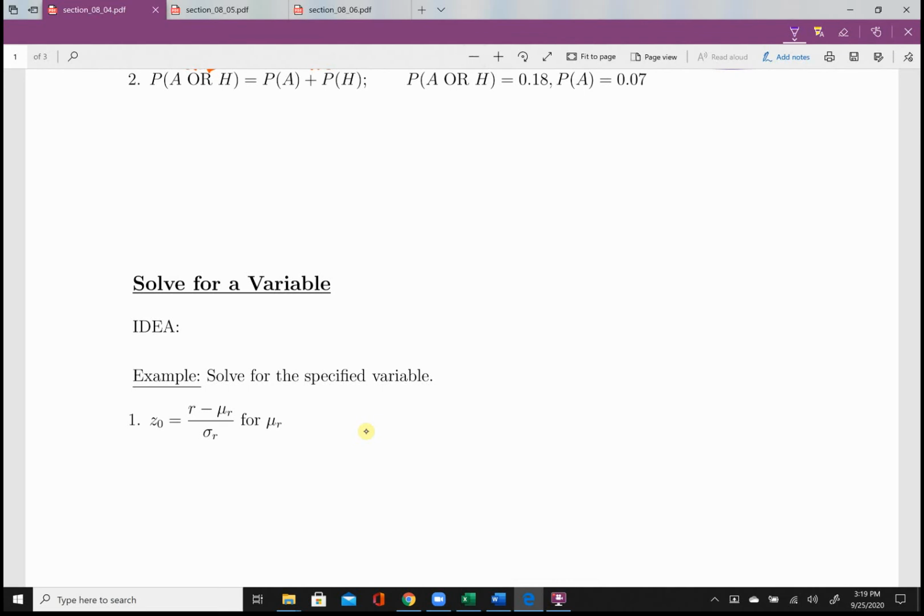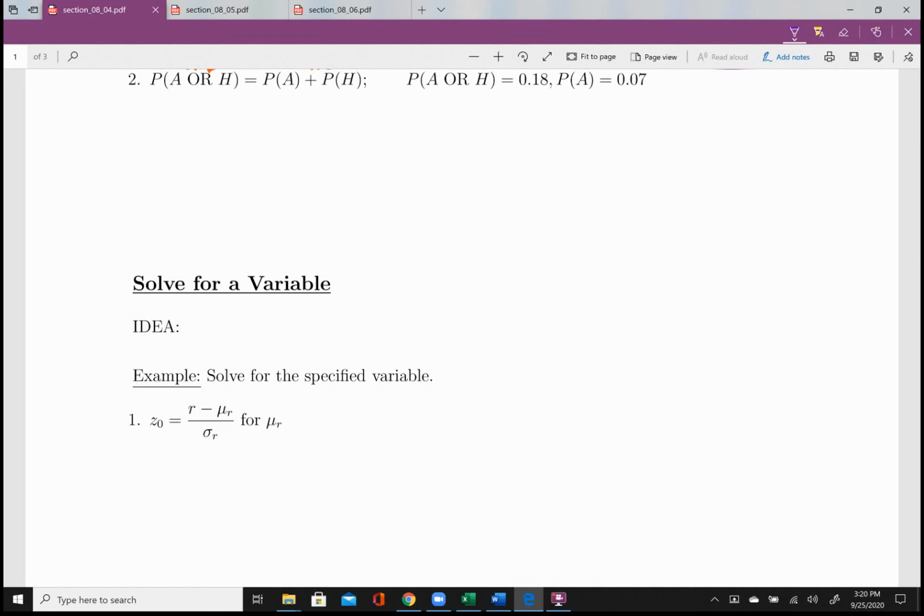So we're simply going to substitute 0.18 for this P of A or H. I can say one thing about it if anyone's curious. It's the probability that the events A or H could happen in a particular scenario. And then on the other side you have P of A and P of H. Those are the individual probabilities that A would happen or H would happen, A and H being some events associated with a scenario.